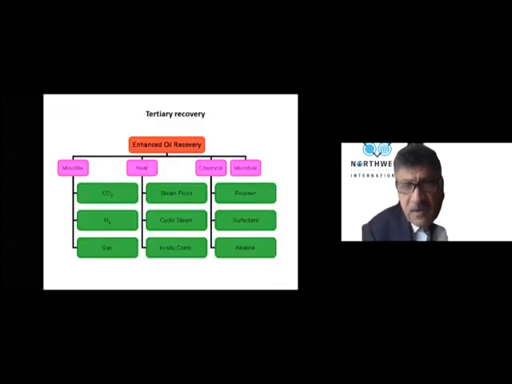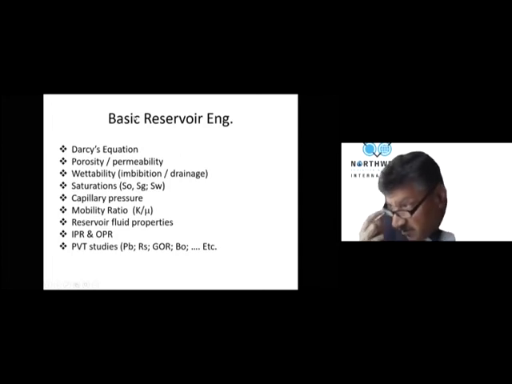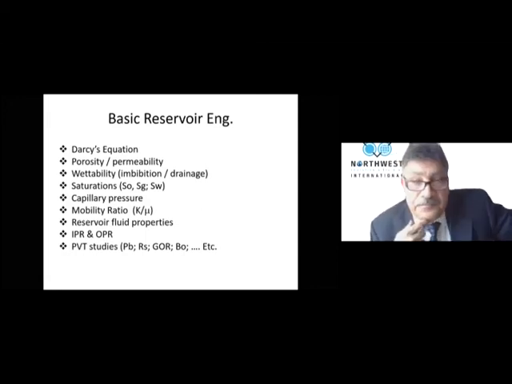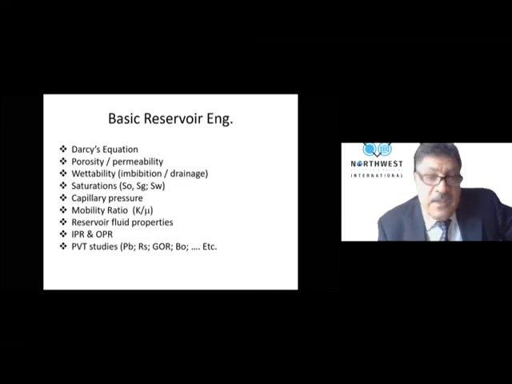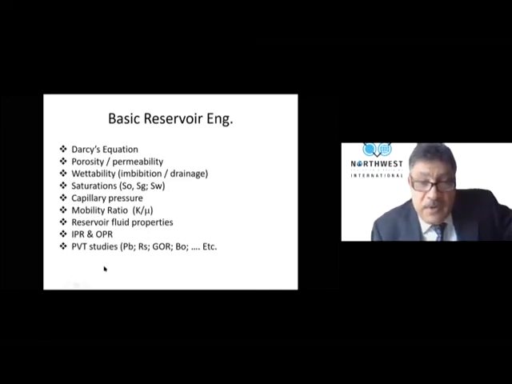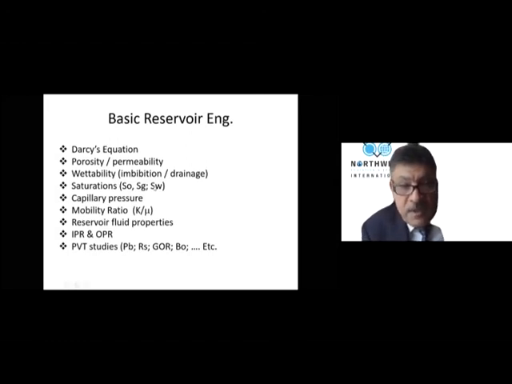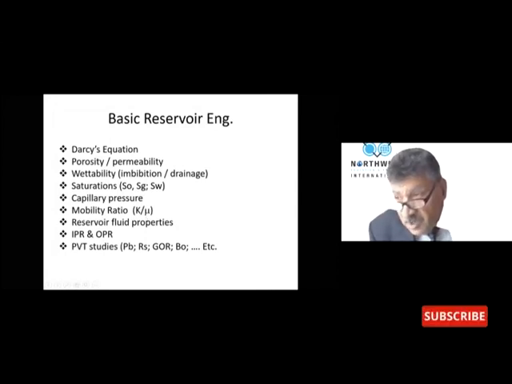So in the basic reservoir, at least you need to know the Darcy equation. If you are a petroleum engineer, I'm sure you have heard about the Darcy equation. And there are other things you need to know about the reservoir as well: wettability, imbibition and drainage, which have a connection with the saturation of oil and water, saturation, and capillary pressure. Mobility ratio is the ratio between the speed of oil and water.